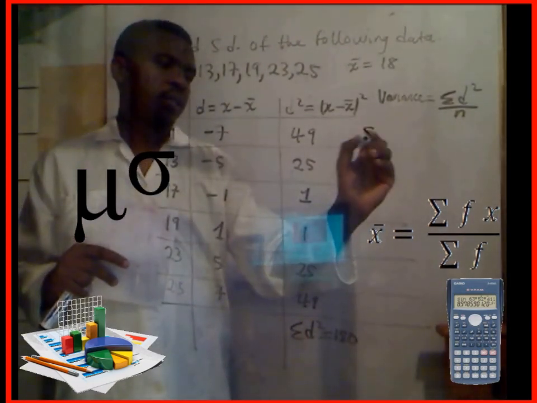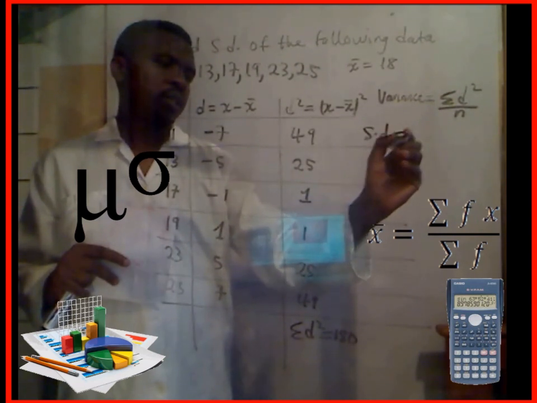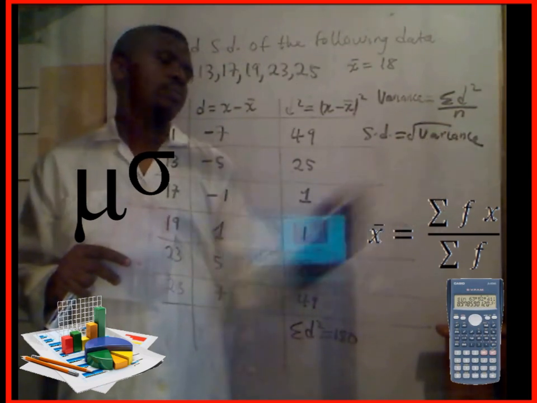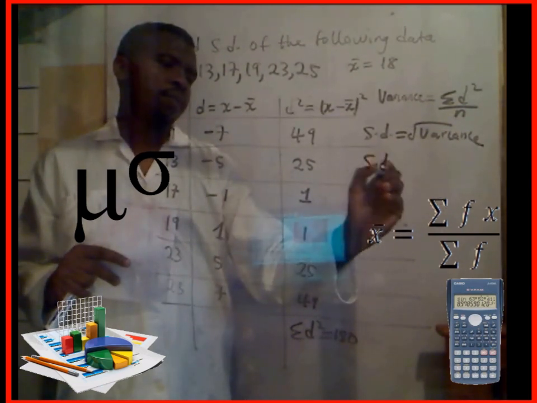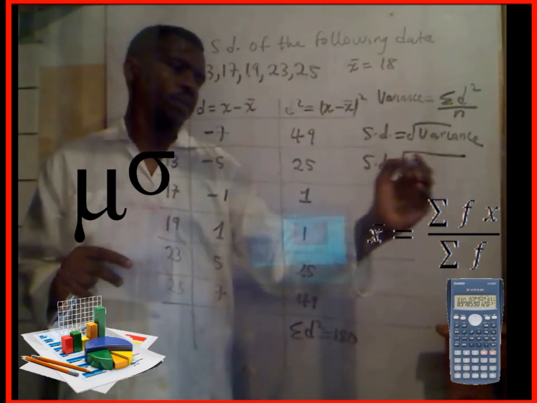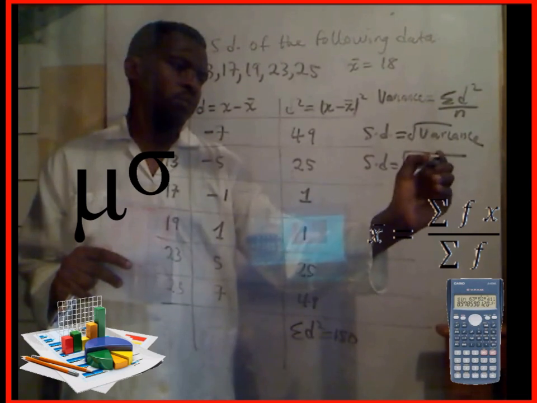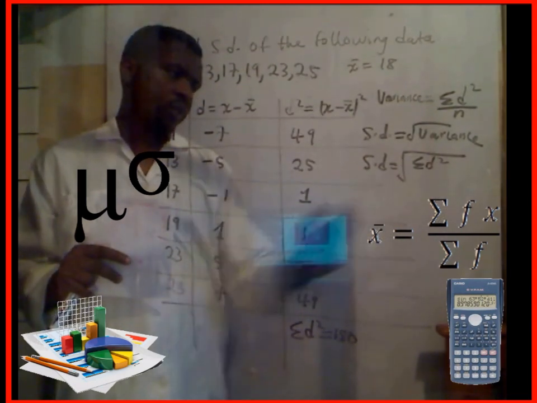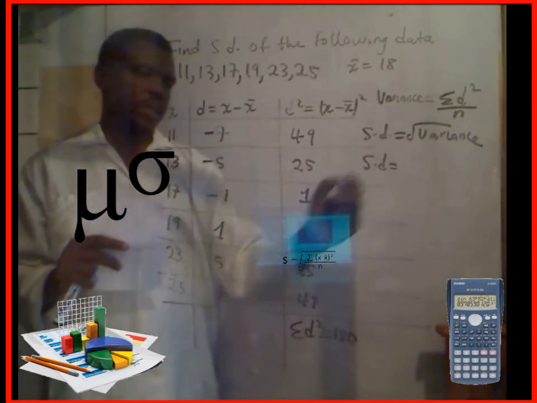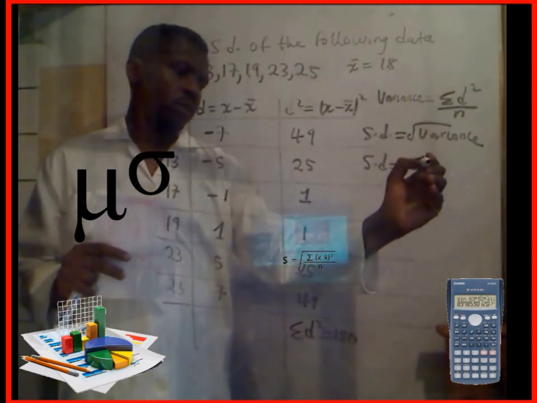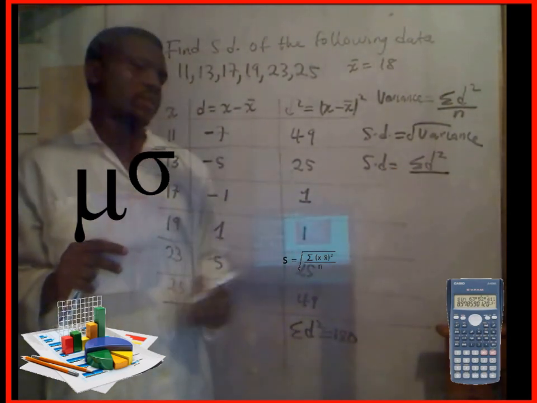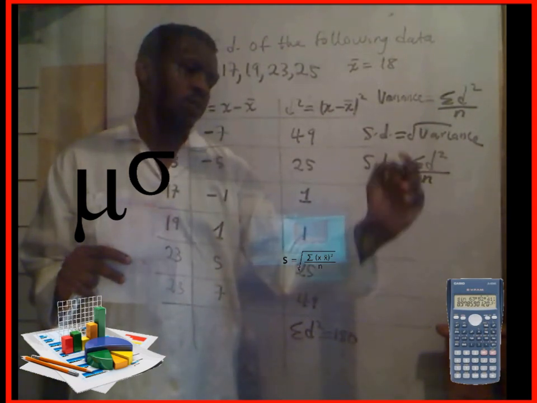The standard deviation is the square root of variance. So the standard deviation is equal to the square root of the sum of the deviations squared divided by n.